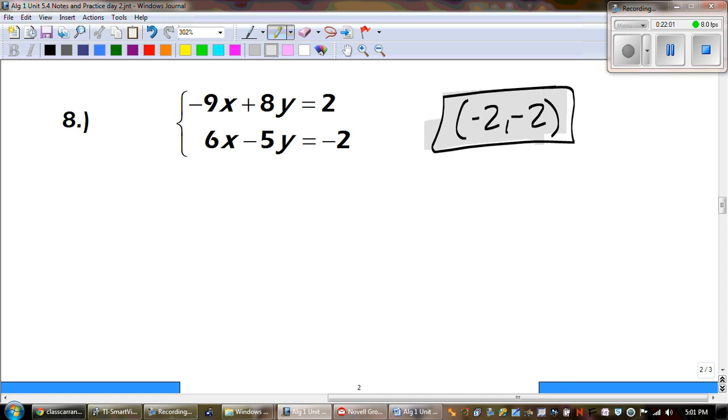I know it's going to be tough because you're going to have to multiply the top and the bottom by something. Well, pause the video and good luck. Well, hey, I'm going to tell you it's 2 and 3 if you're multiplying or eliminating the x's.